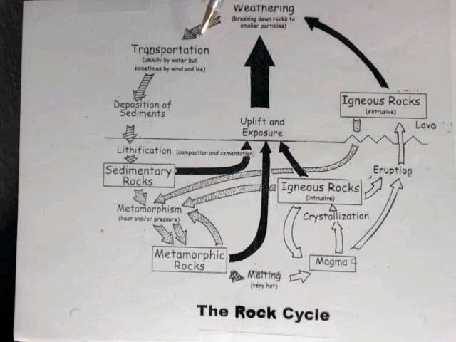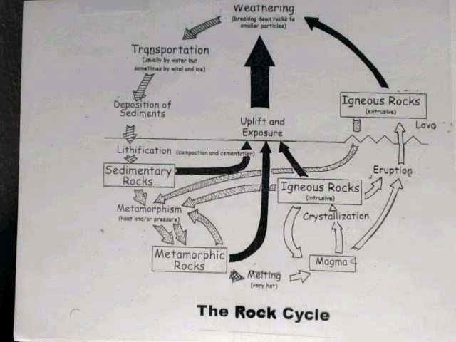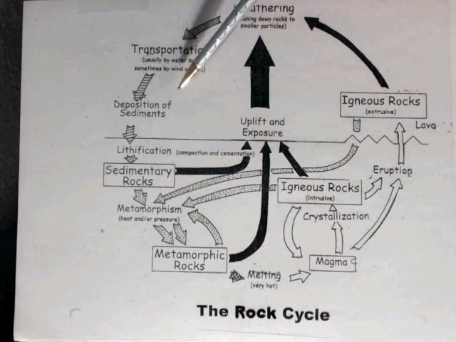So in some means we're transporting our sediments to another location, but eventually those sediments will become deposited. So we get the deposition of the sediments. The water action velocity would slow down, and perhaps then the sediments would fall out, the wind would stop blowing, etc. You'd get some deposition of your sediments.